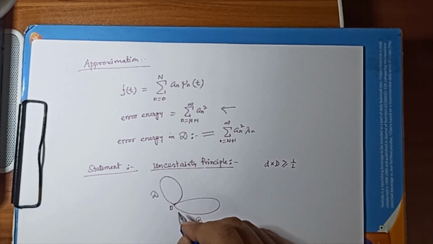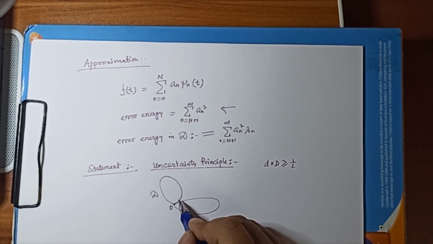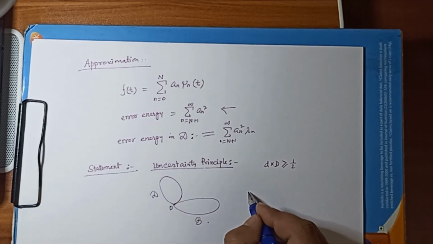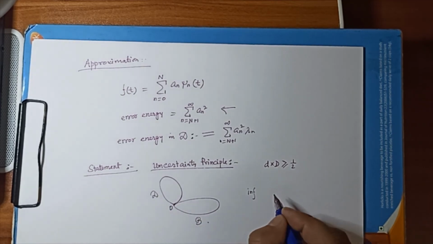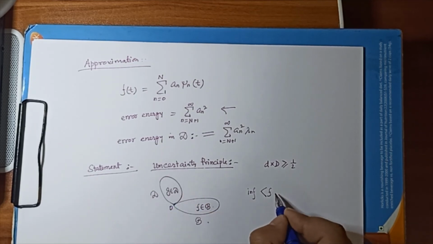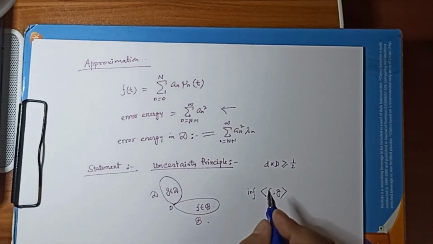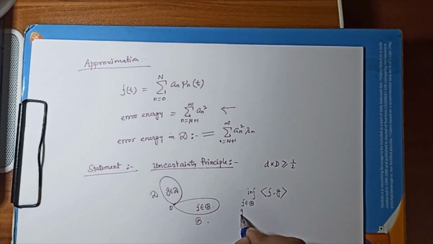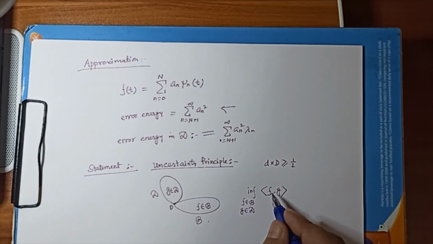But if I want to ask what is the minimal angle between any vectors here and here, the question I can ask is basically the infimum of the inner product of any signal F which belongs to B and any signal G which belongs to D. Can we find that out? Because that will give us the idea of the angle. Basically the cosine inverse of the inner product divided by the norms, that is the angle.